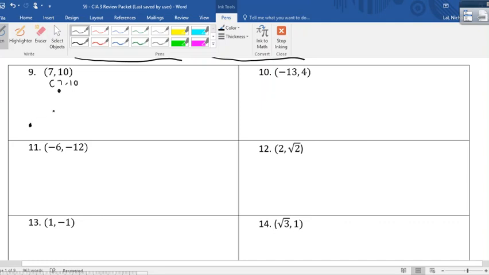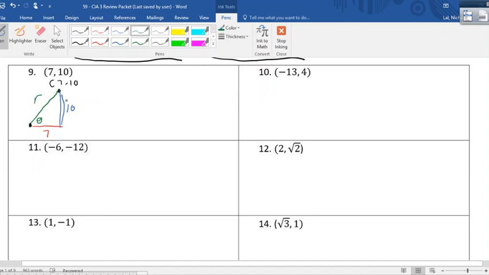If this is the origin, I'll have my horizontal component of 7 and my vertical component of 10. To get to my polar coordinates, I need to find r, the distance between the two points, and theta, the angle of the line from the origin to the point.